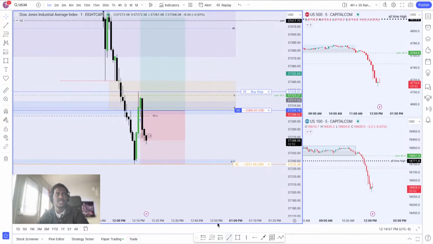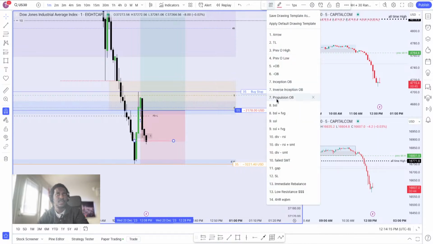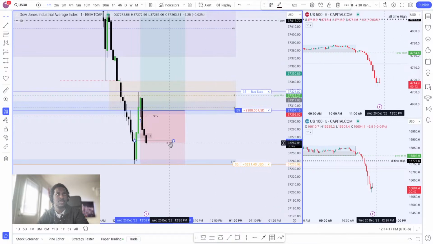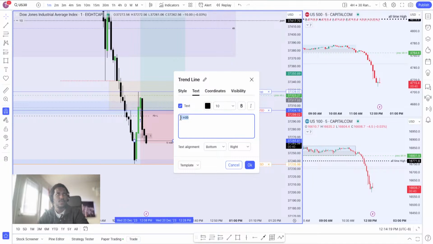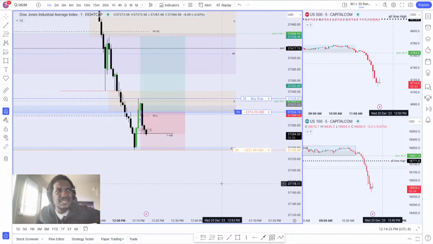And this right here is the last line of defense, which would be a 1 minute bullish order block. If we close below it, then it's a low probability trade. It's now at 12:15. If this one fails, we can look for something else at 12:30 at half the risk.